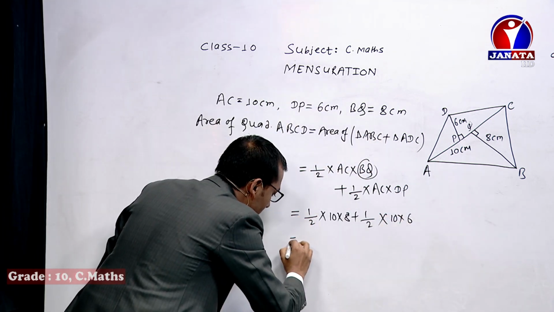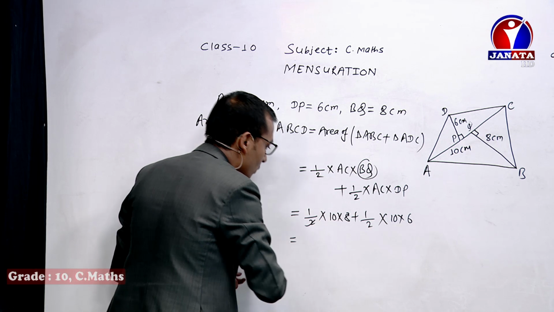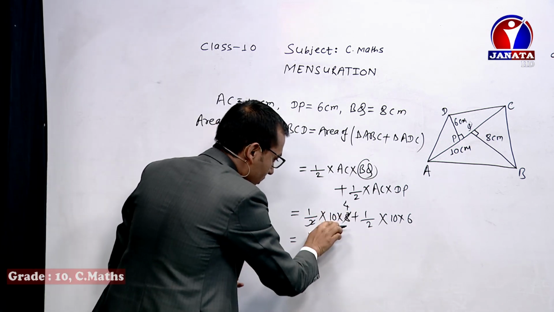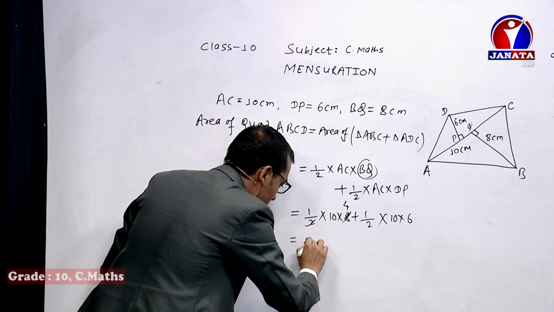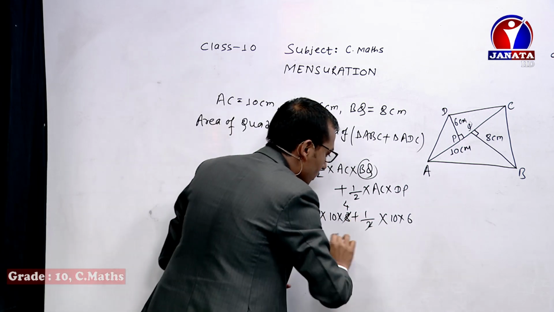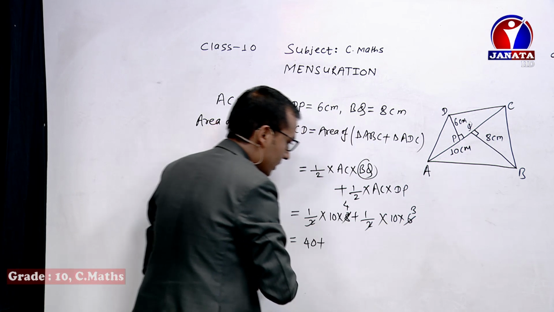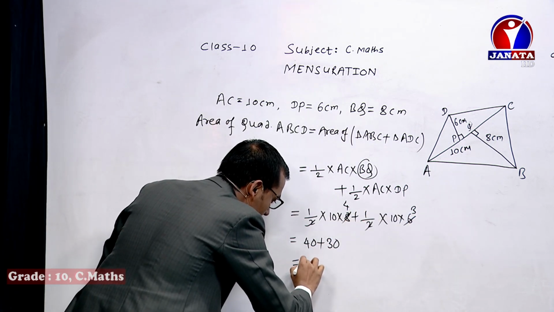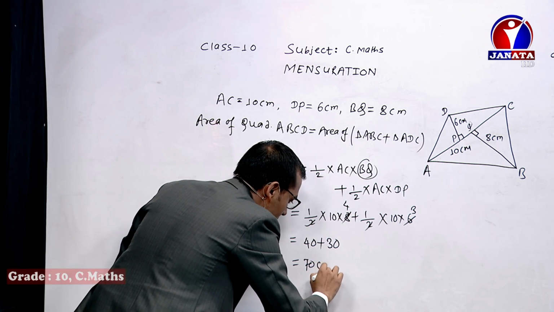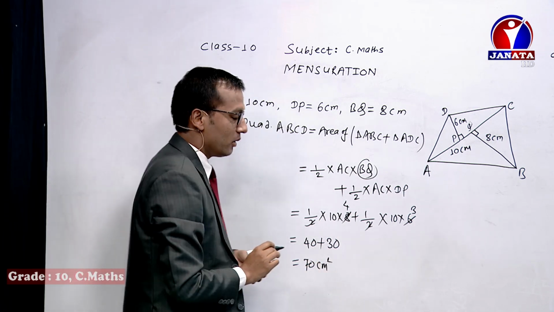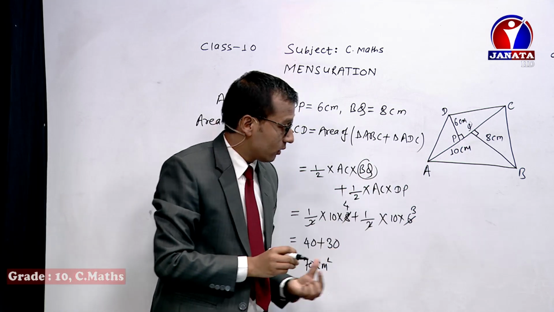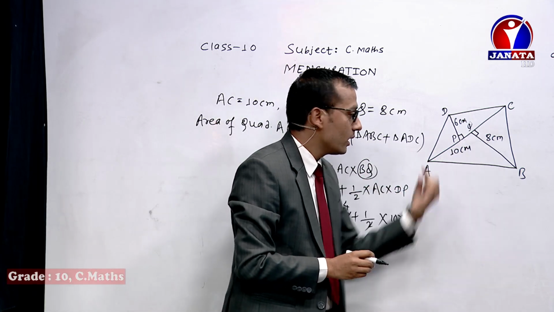Now let's find the area. We can cancel 2: 4 times 10 is 40, plus 3 times 10 is 30. What is the sum of 40 and 30? 70 square centimeter. So this is the area of quadrilateral ABCD.